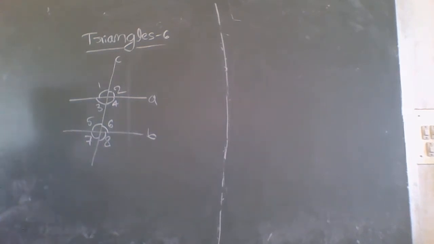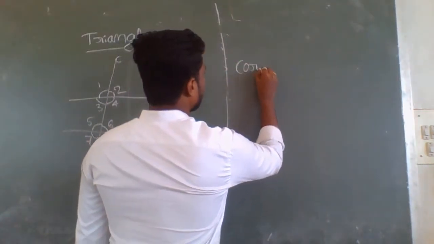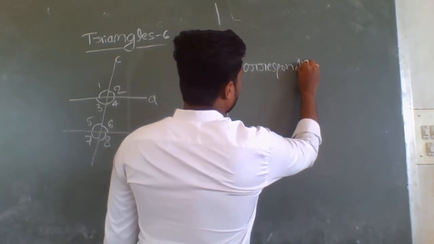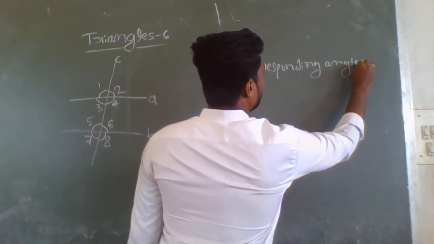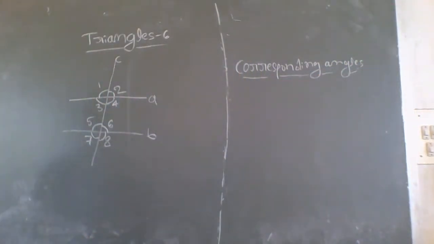First I will discuss corresponding angles. In this diagram, corresponding angles are in the same direction and on the same side of the intersection.